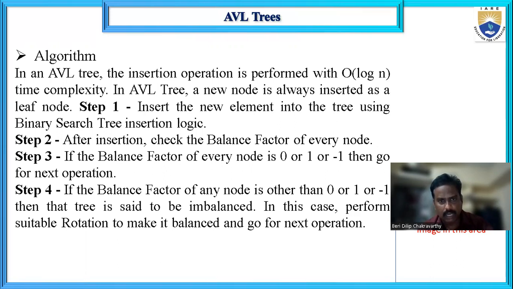After insertion, I have to check the balance factor of every node. If the balance factor of every node is 0, 1, or -1, then no problem, we will go for next operation. If the balance factor of any node is other than these values, then the tree becomes imbalanced. I need to perform rotations.